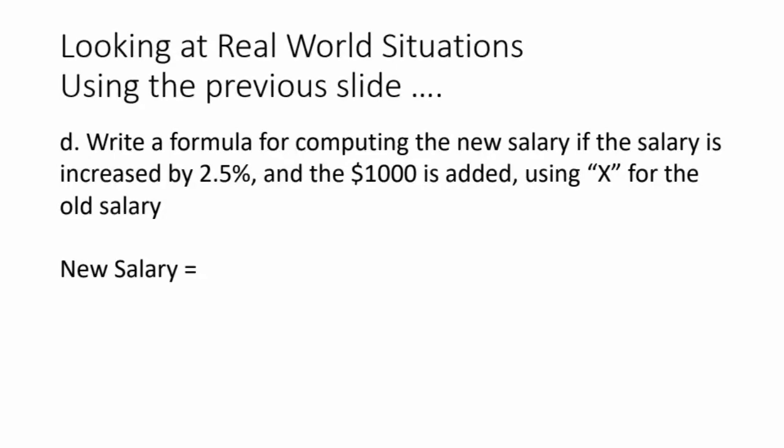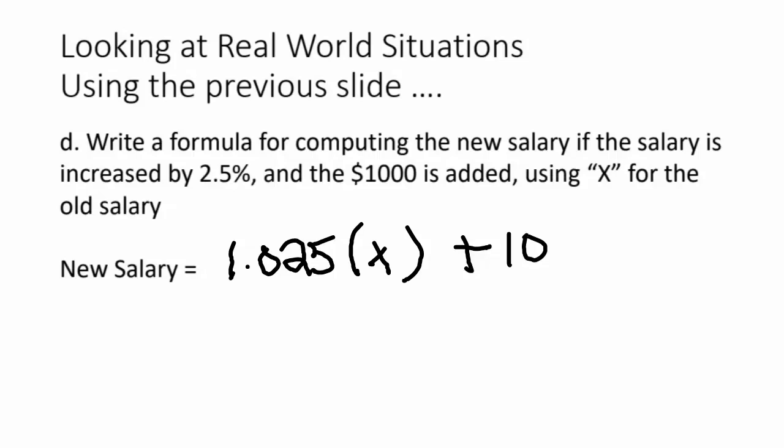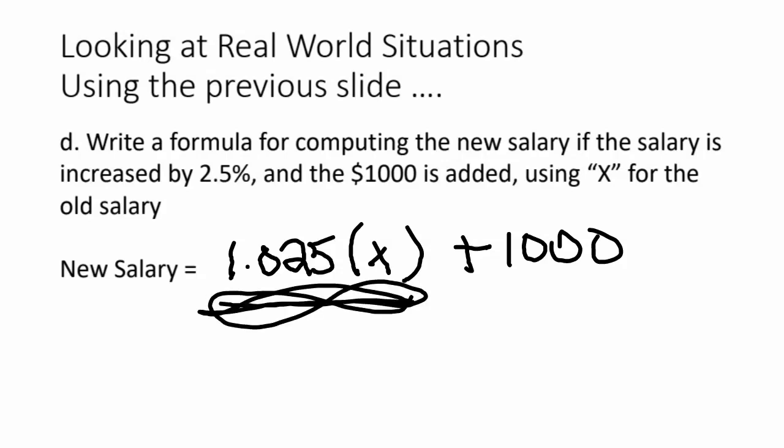I kind of did it for you and wrote it there. What we're going to do is take the salary and we're going to multiply it by 1.025, and then we add the $1,000. This is done first, and then we add.